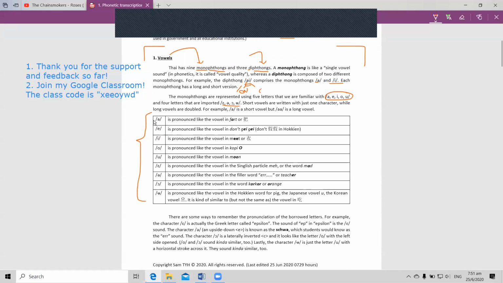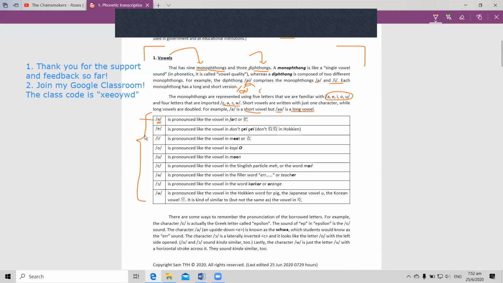The first vowel with the letter A is pronounced as ah. Oh, by the way, if there's only one letter, it is a short vowel. If it's 2 letters, it's a long vowel. Even though I wrote short vowels here, let's just pronounce it as a long vowel so that we can hear the vowel quality more clearly.